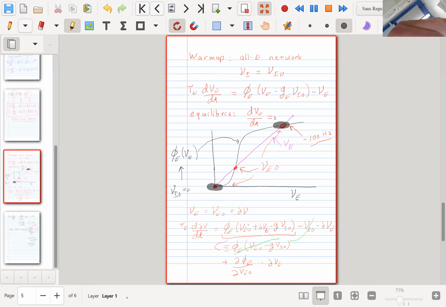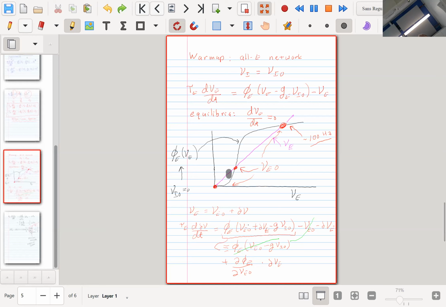Okay. Another important way to see this is the dynamics: if you look over here, it's phi E minus nu E. In this region, phi E is greater than nu E, which means the firing rate tends to increase, so it tends to go to the right.